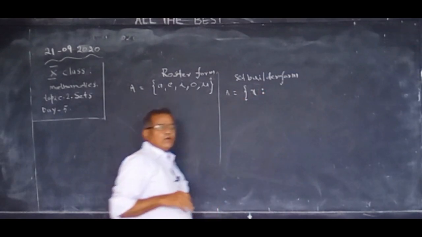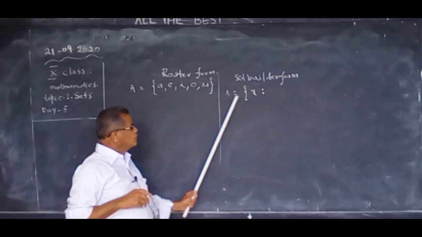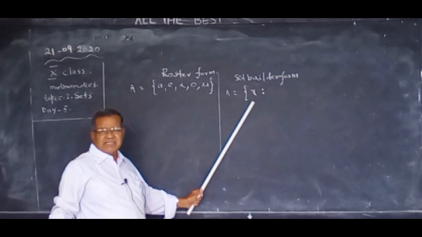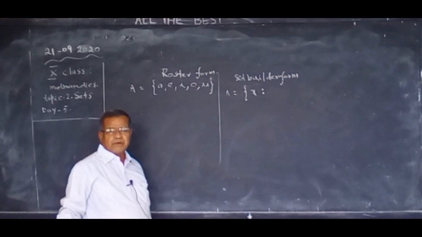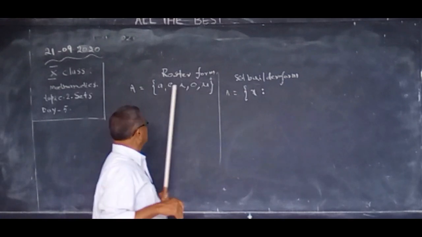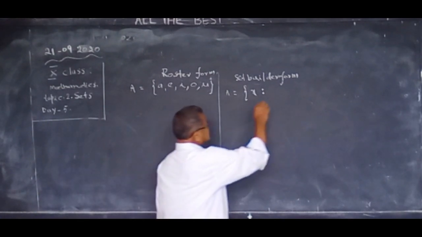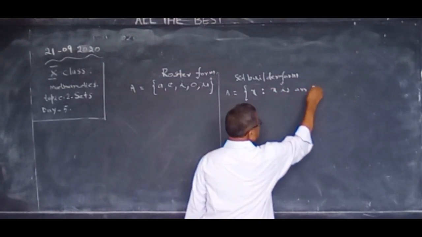We denote with X, and we write the property of the elements. What are these elements? Vowels. So X is a vowel.